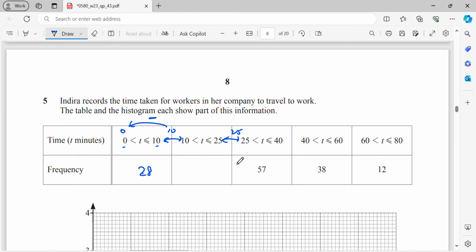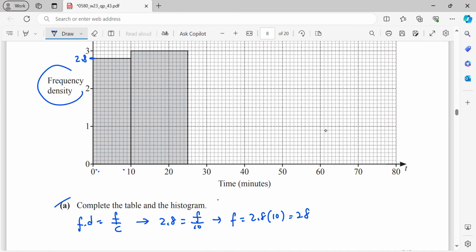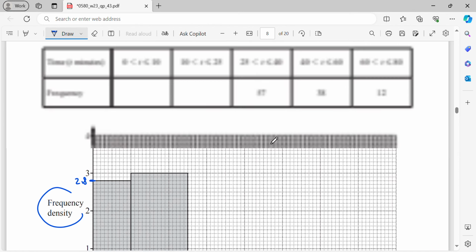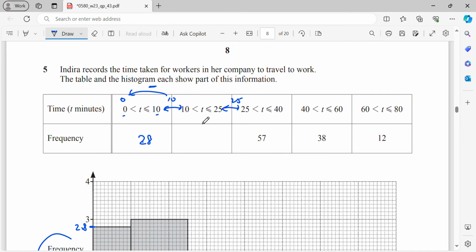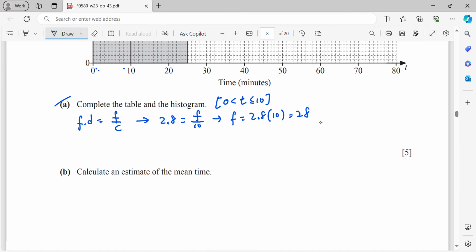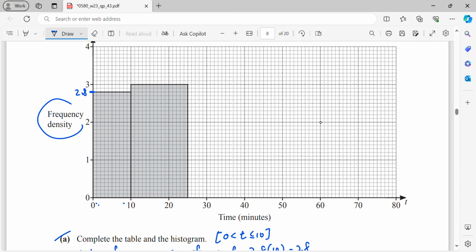Now for the second class, that is 10 to 25. Now my frequency density shown on the histogram is 3.